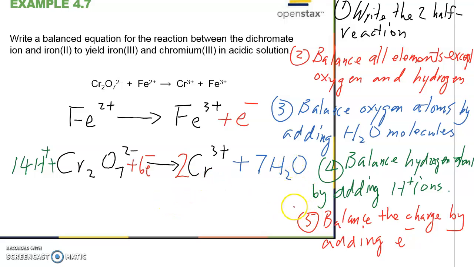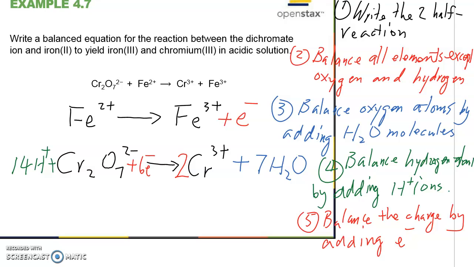Now the last step is to multiply the half reactions so that the number of electrons on both sides will be the same. See, if you just add them up, you see 6 electrons over here, but you only see 1 electron over here. In this case, what are we going to do?